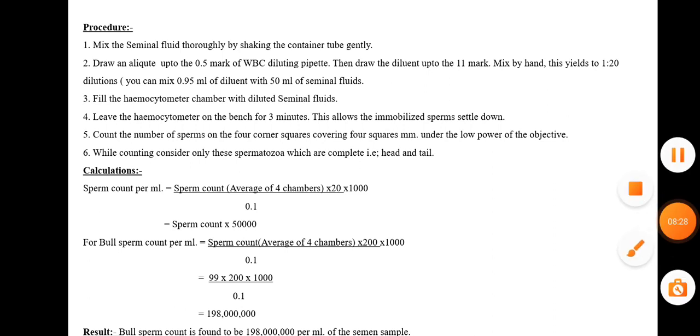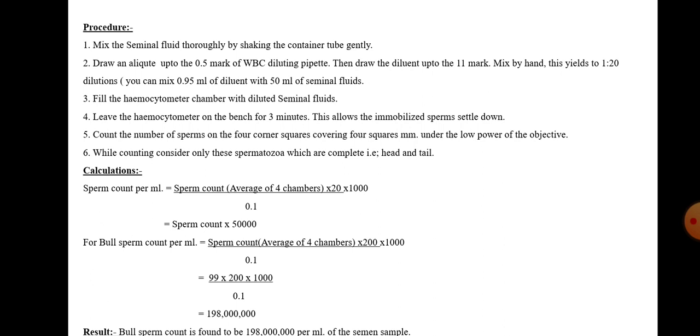You have to mix the seminal fluid thoroughly by shaking the container tube gently. Then draw an aliquot up to the 0.5 mark of the WBC diluting pipette, and draw the diluent up to the 11 mark.